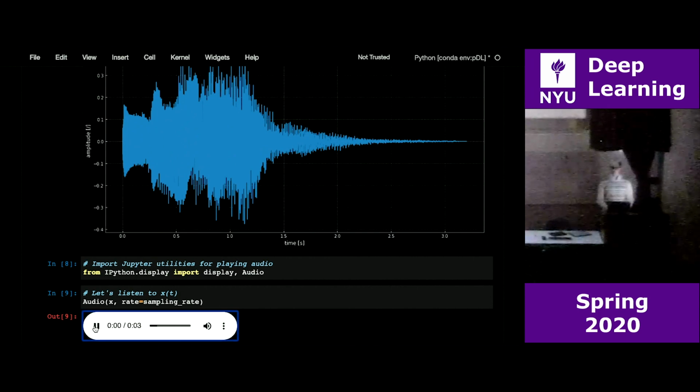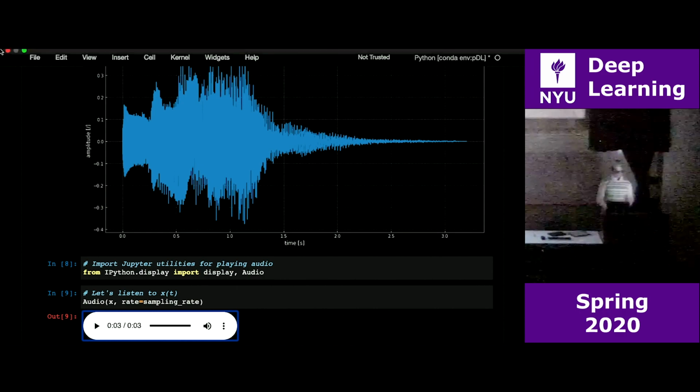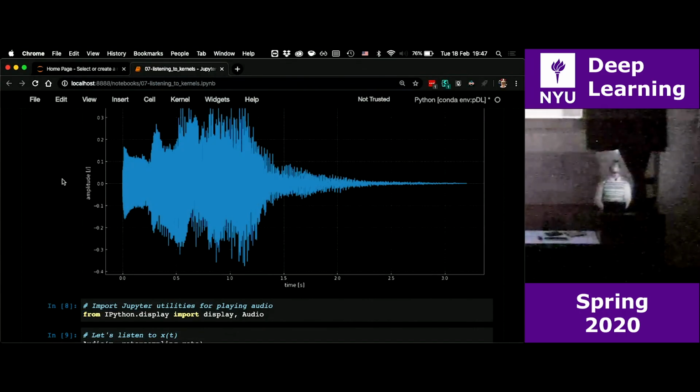Oh, hold on, didn't work. Okay, all right. So now we actually heard it. Now you can see ting ting tum tum. You can kind of imagine a little bit. But okay, so what notes did we play there? How can I figure out what are the notes that are inside?